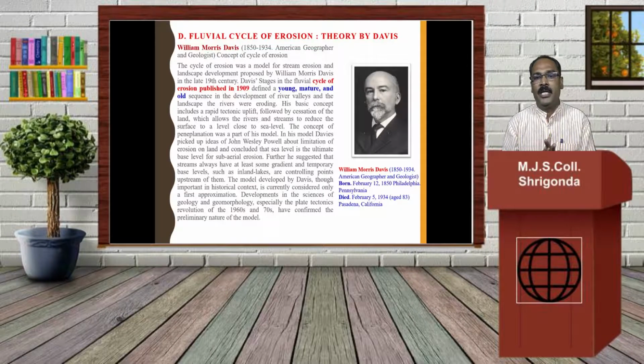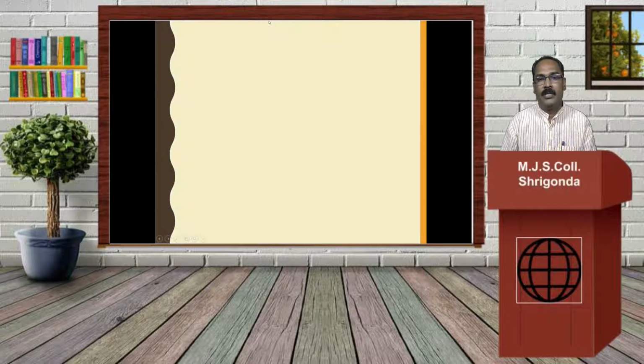The model developed by Davis, though important in historical context, is currently considered only a first approximation. Developments in geology and geomorphology, especially the plate tectonic revolution of the 1960s and 70s, have confirmed the preliminary nature of the model.